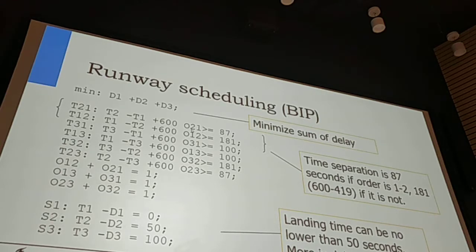But if order 2,1 is 1, then this is so large that this will always be fulfilled. And if I say the order 1,2, then this is 0. So in that case, it's time 1 minus time 2.